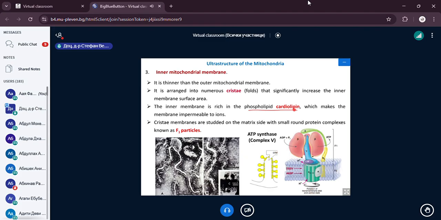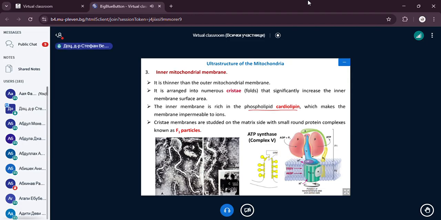This phospholipid is called cardiolipin. It was called cardiolipin because it was first isolated from the heart of a cow. So cor is the Latin for heart. Cardiolipin is the lipid of the heart.